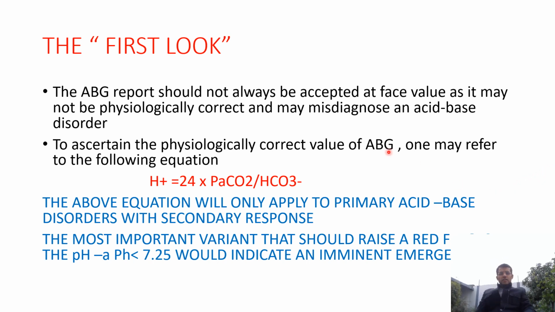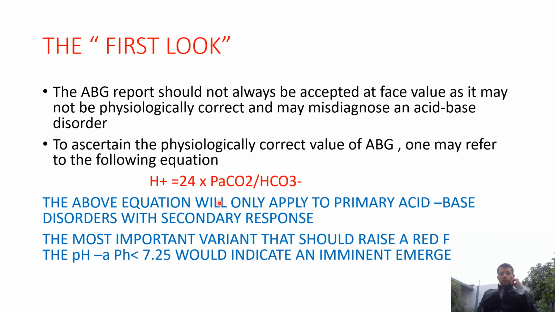Before we start, the first look: the ABG report should not always be accepted at face value, as it may not be physiologically correct and may misdiagnose an acid-base disorder. To ascertain the physiological correctness of the ABG, one may refer to the following equation: H+ is equal to 24 into PaCO2 divided by bicarbonate. So this is very important.